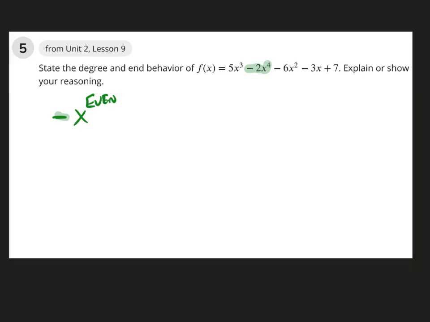So basically, here's your y-intercept. So if we were to roughly sketch a graph, it comes through at +7. We don't know if it has multiplicity or not. We don't know the zeros, so we're not concerned with that.